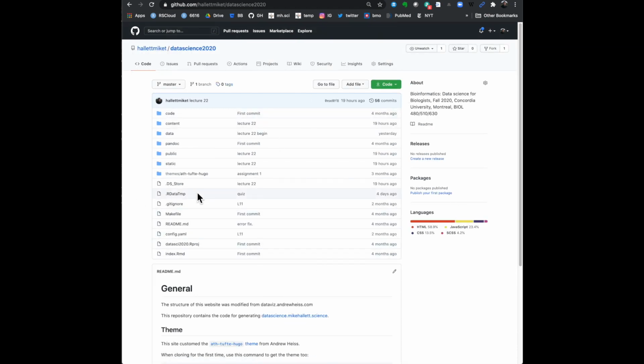I basically use it as my master repository where I push and pull from. You can see in here, for example, that the course web page is a mixture of HTML, JavaScript, and other things that aren't important.